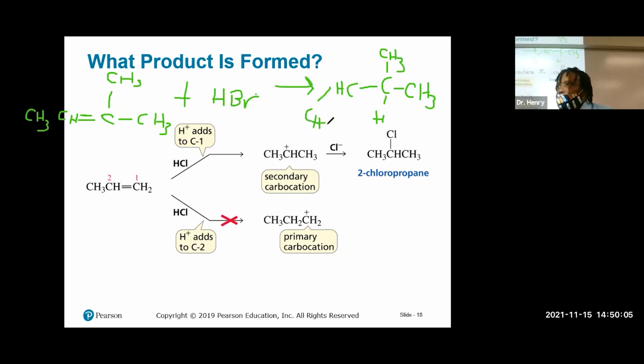Sorry, we're out of room. Okay. And the plus is going to be where? On this one. So then this guy would get the bromine, right? At the end for the final product.